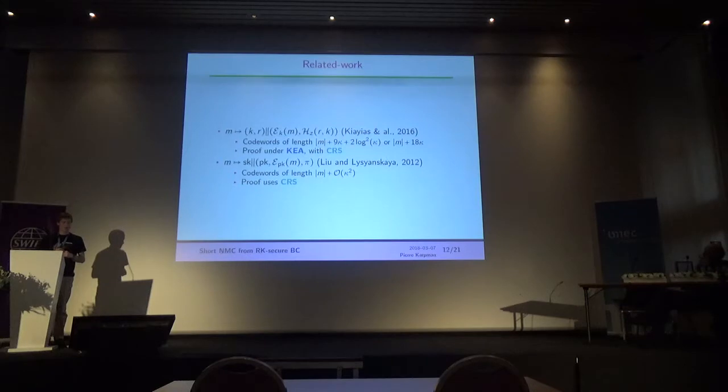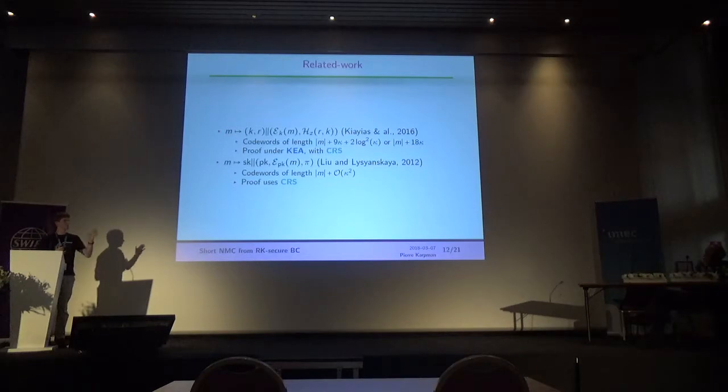The code words have different instantiations of the scheme, but for instance, M plus 18 kappa or N plus 9 kappa plus some logarithmic factor. And they prove their construction under a key assumption with the CRS, more about that soon. Actually, this construction can also be seen as a refinement of a previous construction by Liu and Lysyanskaya in 2012, where they do basically the same but in a public key setting. So now we have a secret key for a public key encryption scheme on the left. Then we have this public key, the encryption, and some non-interactive zero-knowledge proof.